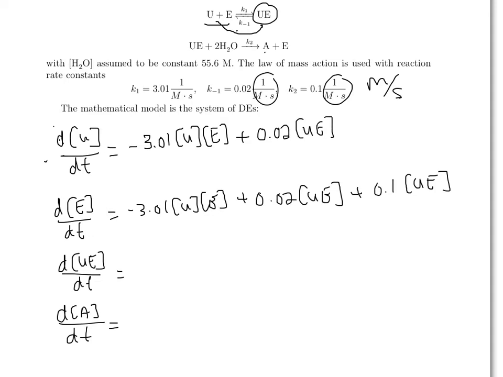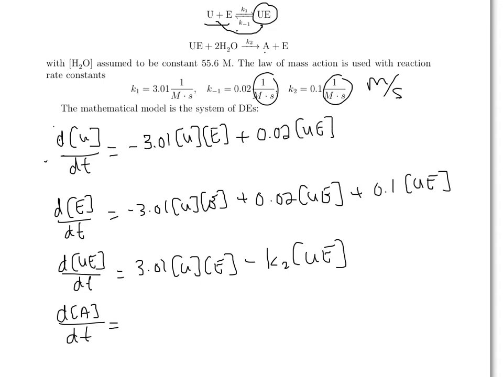And then for our complex, we have that being positive 3.01, the combination of U and E. And then that's getting used up, K2 UE.